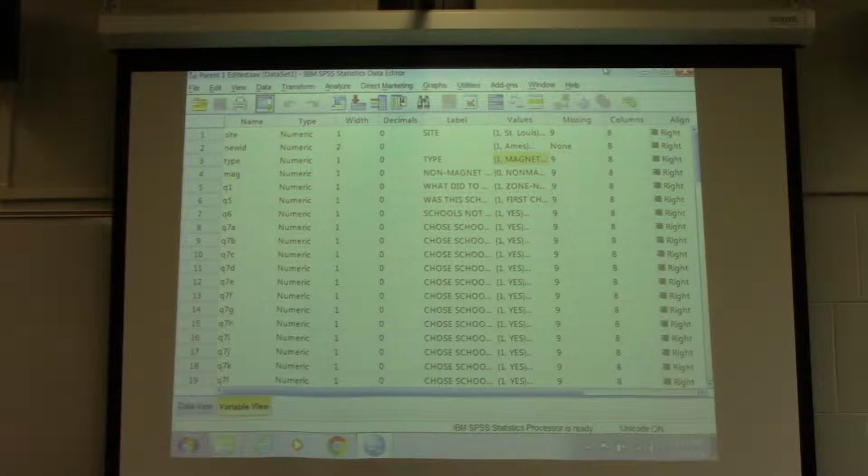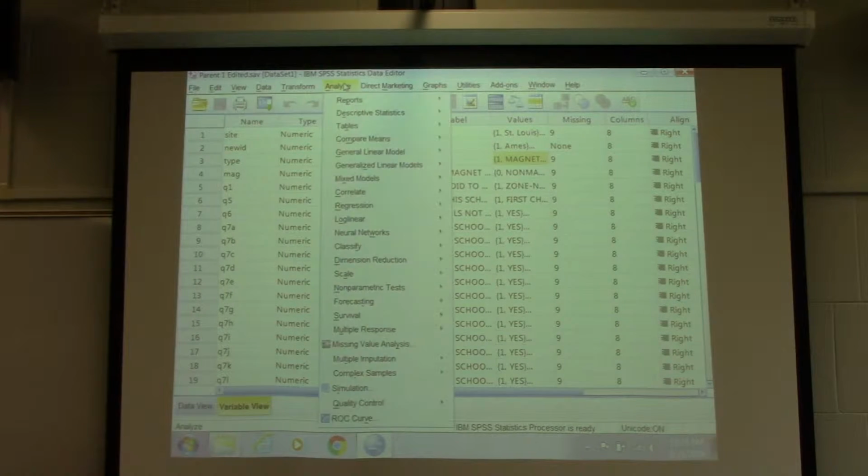So if we're right and more affluent families are in magnet schools, and I want to compare teacher communication with parents, the finding may not be differences due to differences between the schools. It may be differences between the parents who have children in the schools. So I'm going to level the playing field, and I'm going to essentially get the variance out of parent-teacher communication that's associated with parent income, so that any difference is really due to the differences in the two school types.